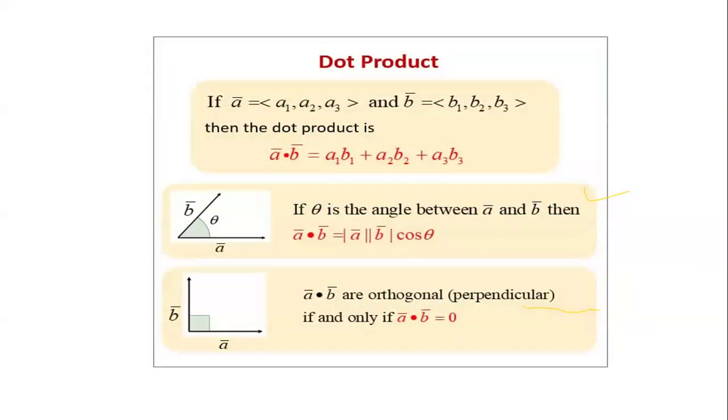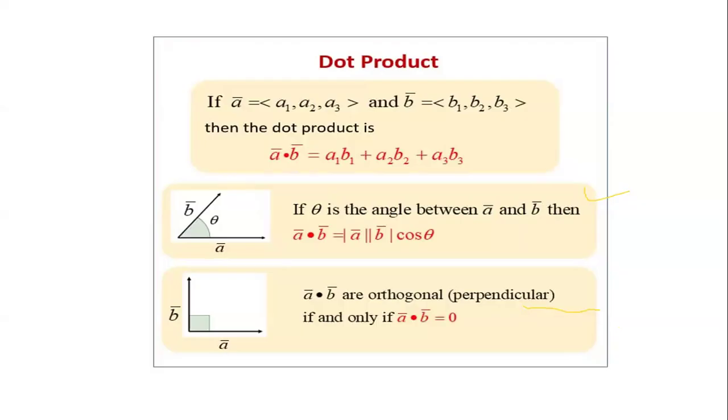So the dot product, if a equal to a1, a2, and a3, and b equal to b1, b2, and b3, then the dot product a dot b equal to a1 b1 plus a2 b2 plus a3 b3.